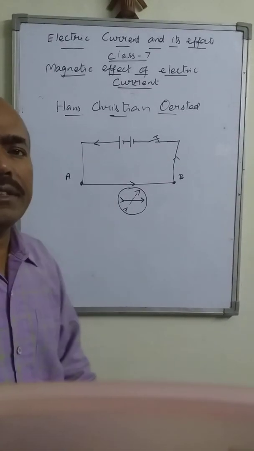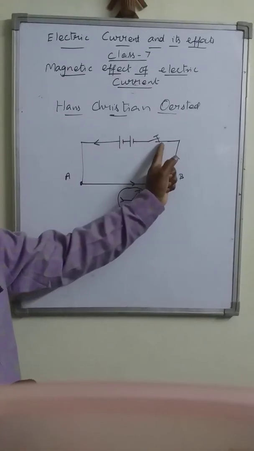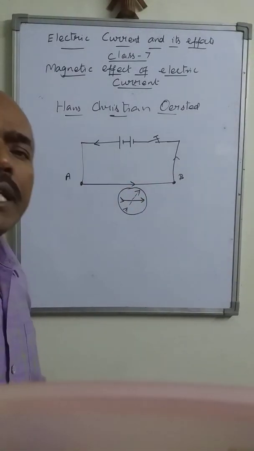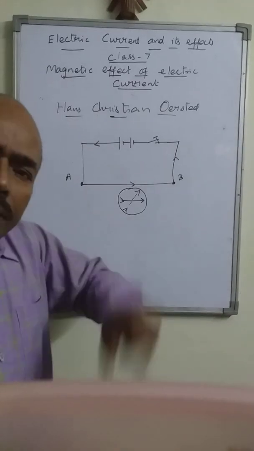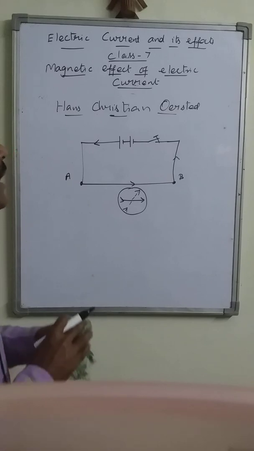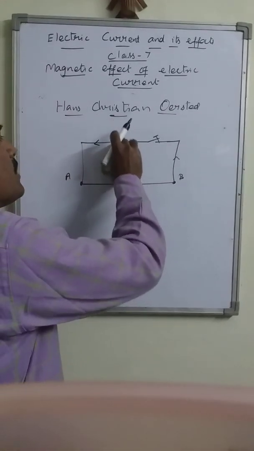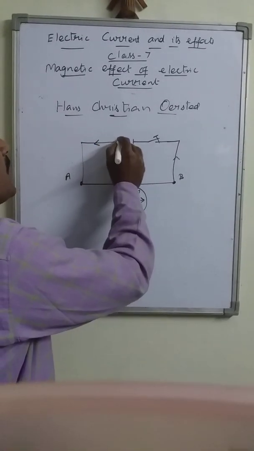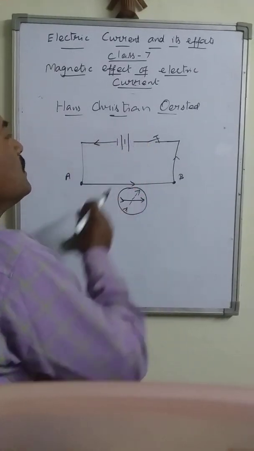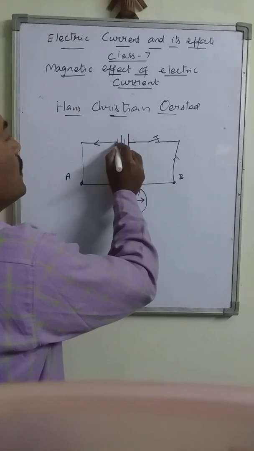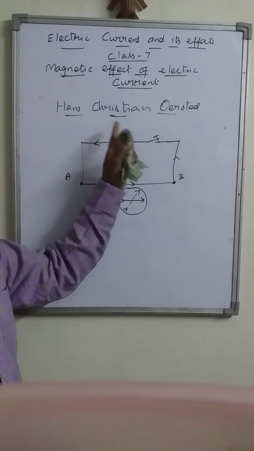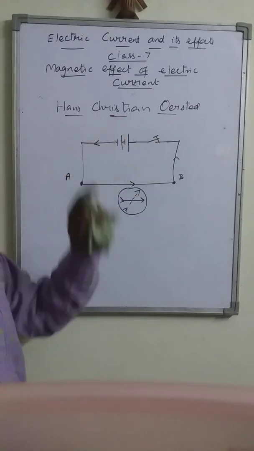And one more thing, after repeating this experiment many times, he confirmed the conclusion just by changing the terminals. Before this, the positive terminal was on one side and the negative on the other, but now the terminals are interchanged.